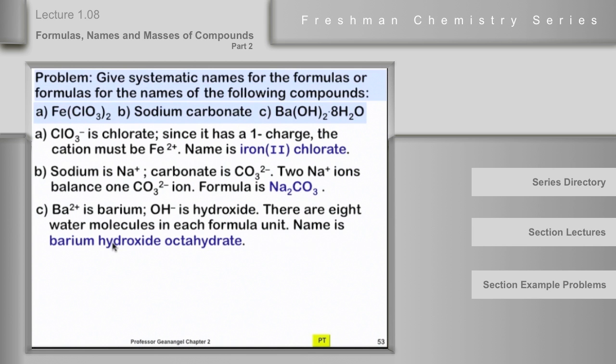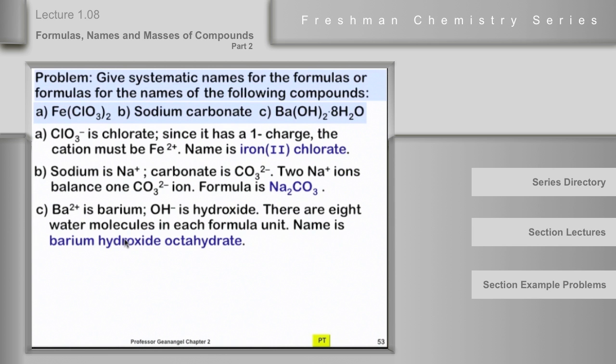Why is it not barium dihydroxide or barium 2 hydroxide? Barium has only 1 charge, so it's not necessary to distinguish between the different charges of barium. Barium is in group 2, all of those ions have a single charge, and it's 2+.